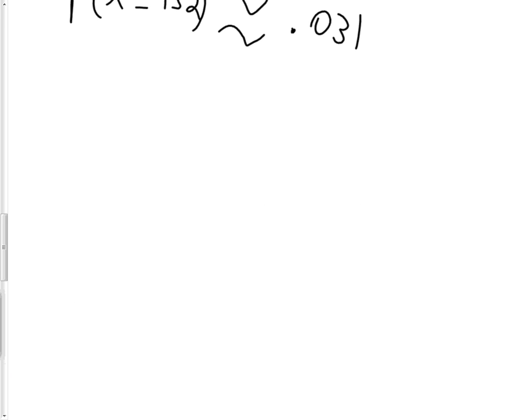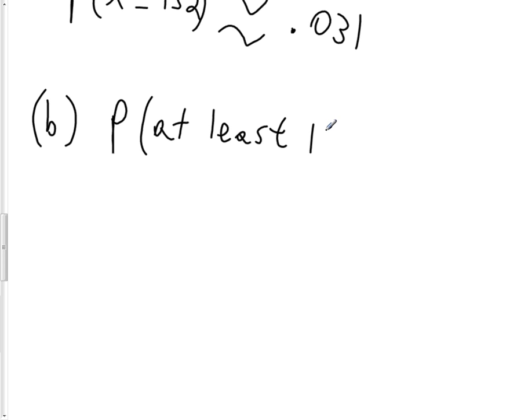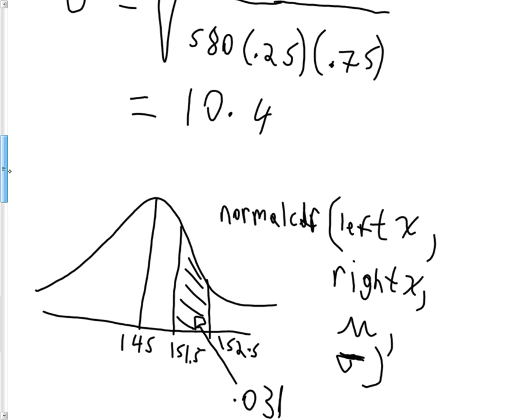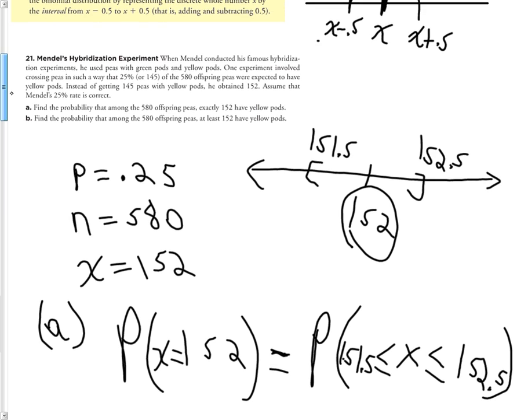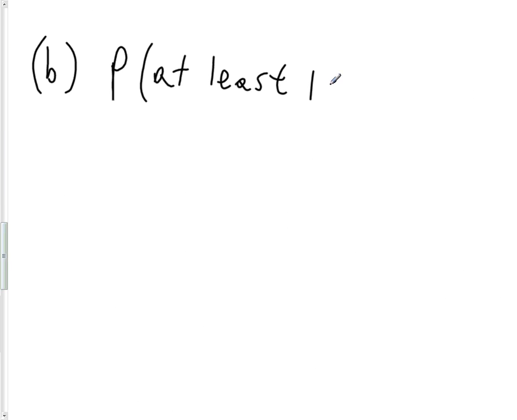And now for part B, we want to find the probability that at least 152 are yellow pods.